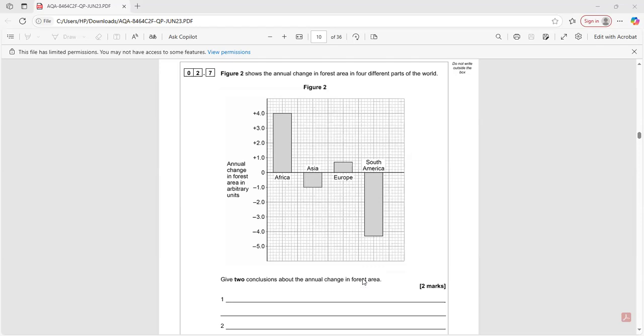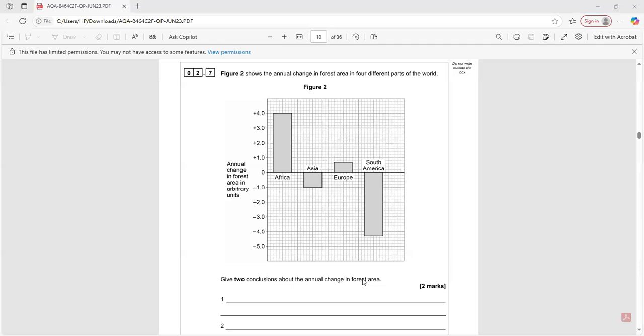Africa has a positive change in forest area, and South America has a positive change. Okay. So decrease in Asia and increase in Europe. Okay. Asia and South America, right?